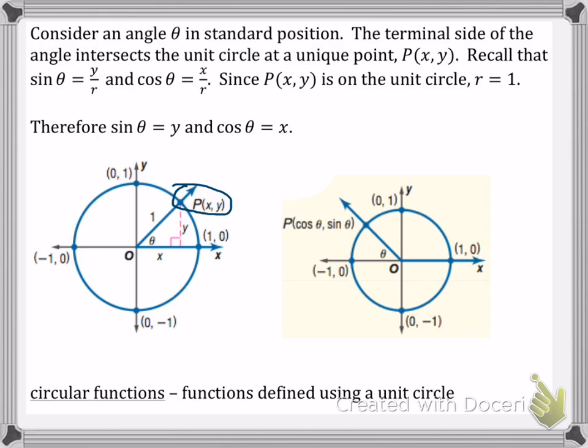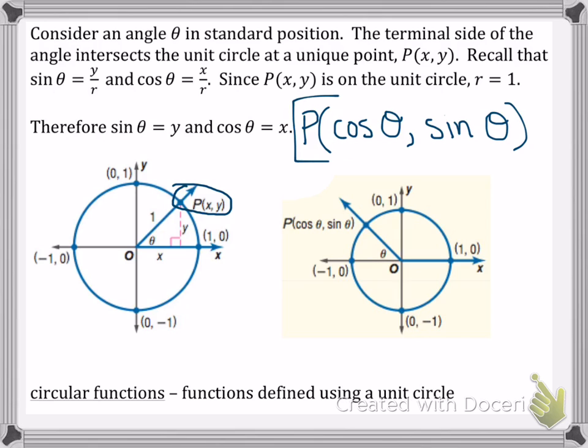So therefore, that P point can be thought of as cosine of theta, comma, sine of theta. This is very important. This is how we're going to think about all the points on my unit circle in this fashion.